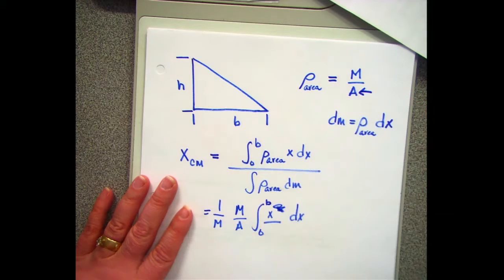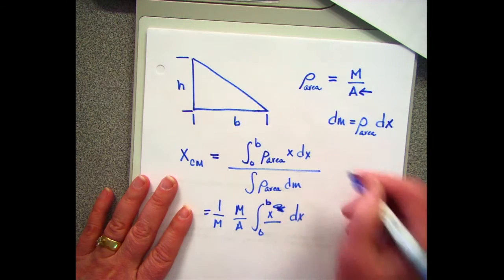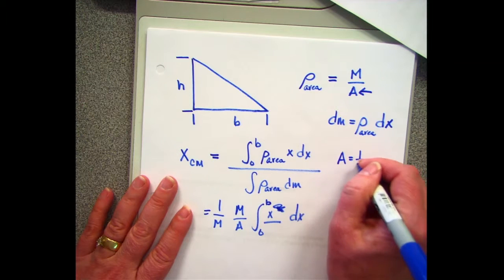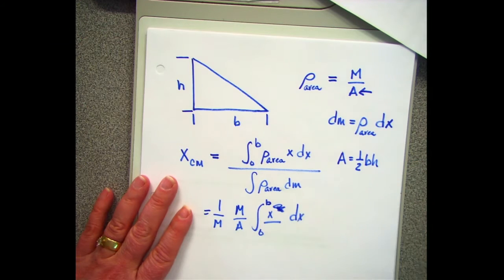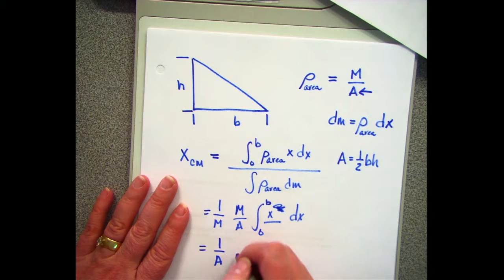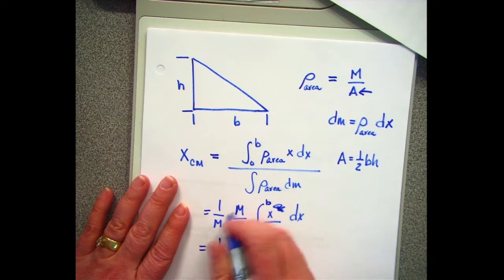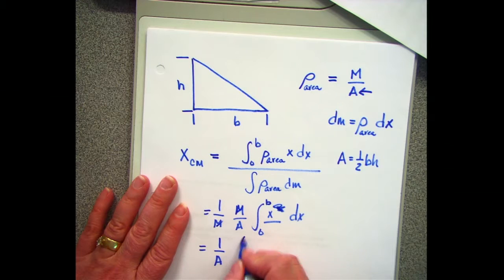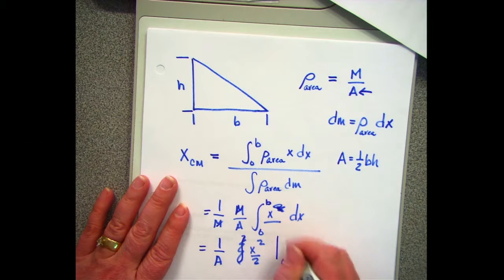But what is the area of my triangle? Area is 1/2 BH. So now I get 1 over the area, because my m's will cancel, and I'm going to integrate x squared over 2 from 0 to b, and I end up with 1 over 1/2 bh, and I get b squared over 2.